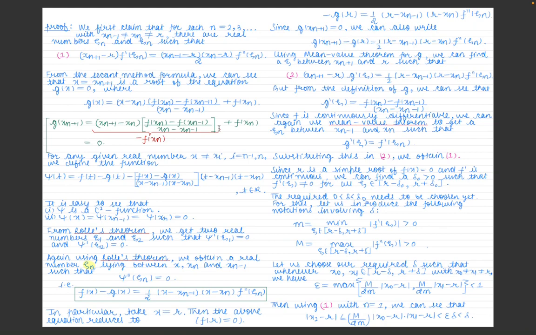So let us check it quickly why this should be 0. You see g of xn plus 1, it will be xn plus 1 minus xn, okay, times f of xn minus f of xn minus 1 by xn minus 1.